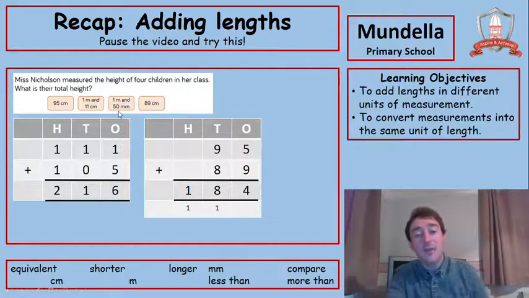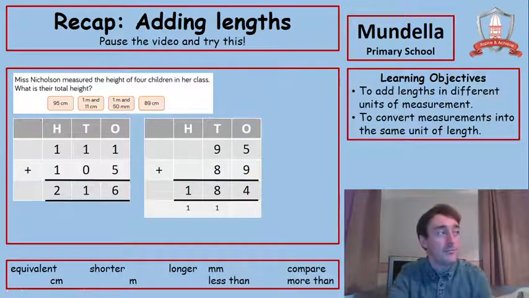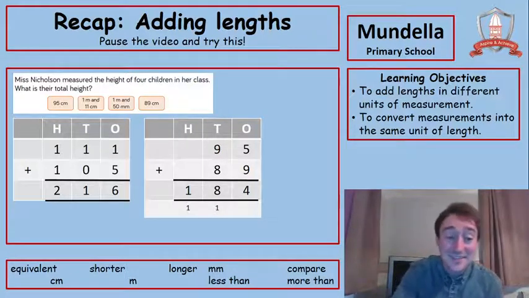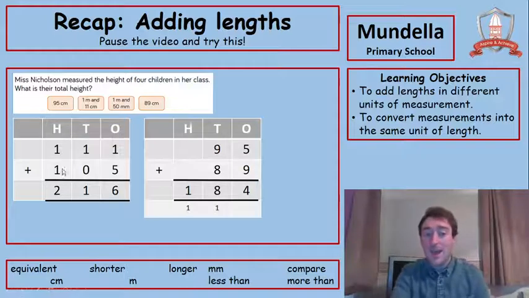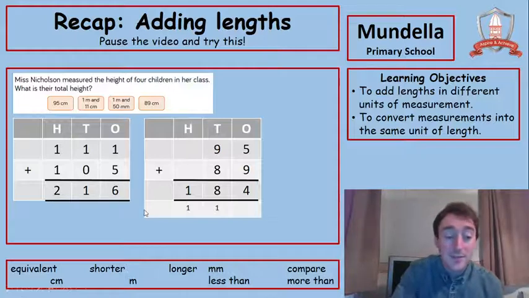So 1 metre and 50 millimetres. What's 1 metre as centimetres? I hope you haven't forgotten already. Yes, it's 100 centimetres, so we're going to put that there. And then 50 millimetres is the same as 5 centimetres. So it'll be 111 add 105. And that will give us the magical answer of 216 centimetres.